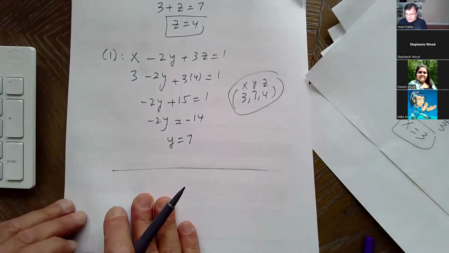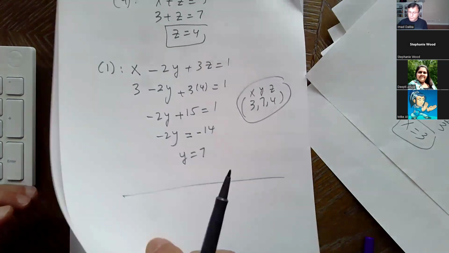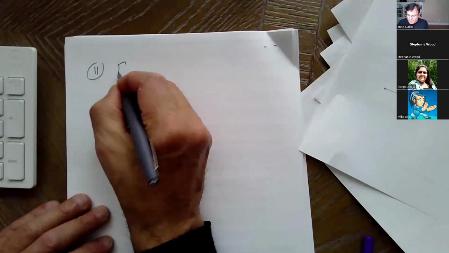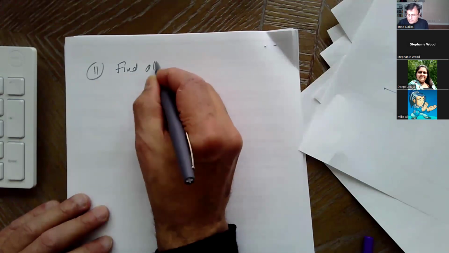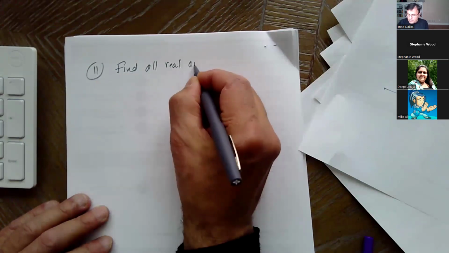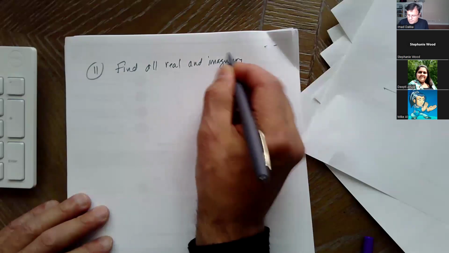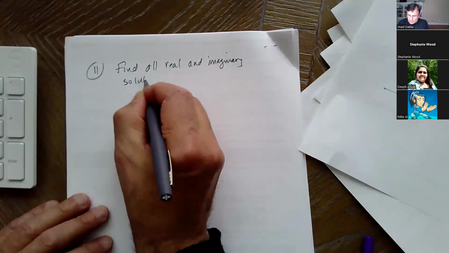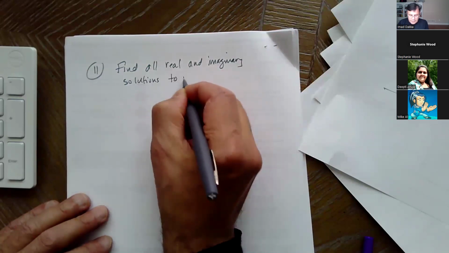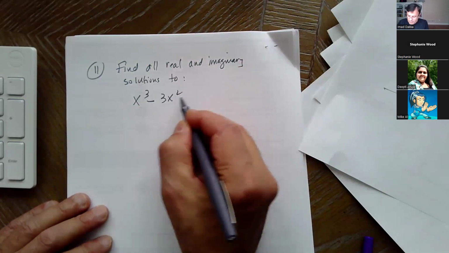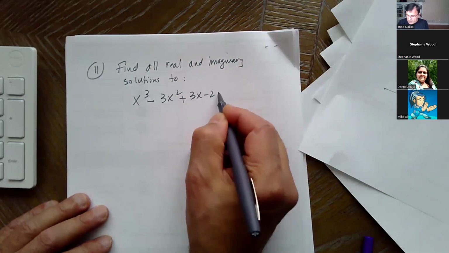Okay. Now, how do we find all real and imaginary solutions to the equation x cubed minus 3x squared plus 3x minus 2 equals 0?